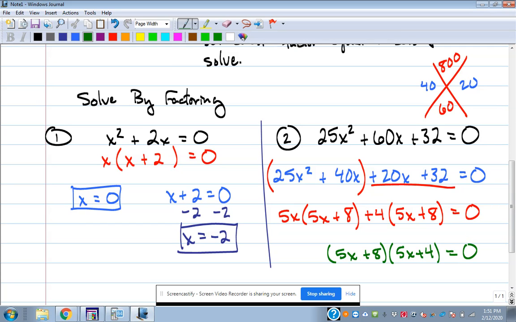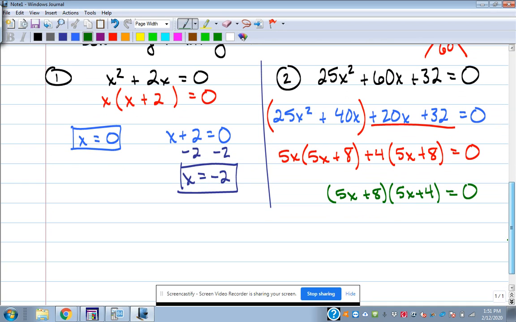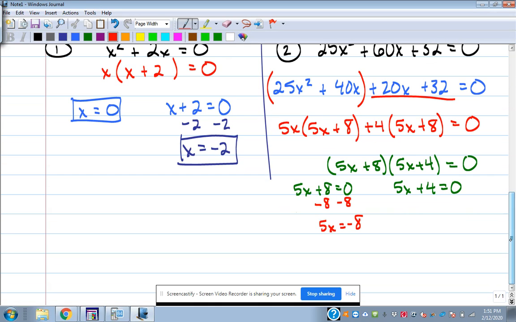Now, what do I do with each one of those? Yeah, set them equal to 0 and solve for x. X is equal to negative 8. Divide by 5. Yeah, we get a fraction, negative 8 over 5.